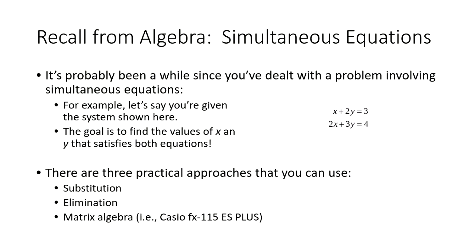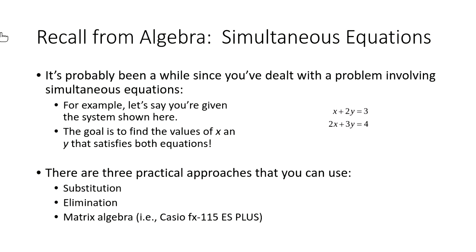Okay. All right. So back to our simultaneous equations. So the idea is to find these 2 magic values of x and y that satisfy both equations. So there's a value of x and a value of y to where if you plug them into both equations, it'll satisfy both of them. Now there's 3 approaches that you can use.